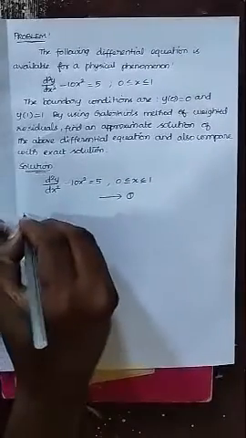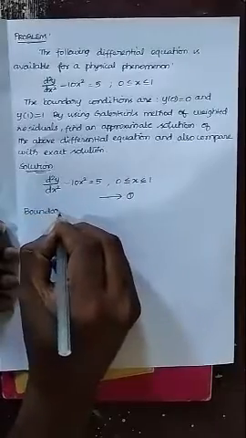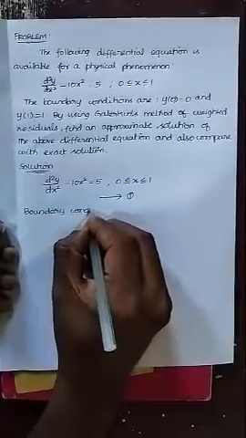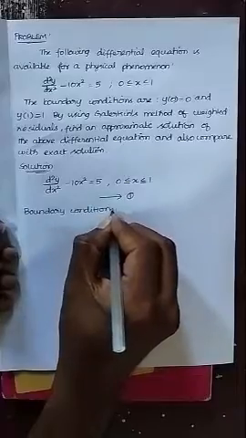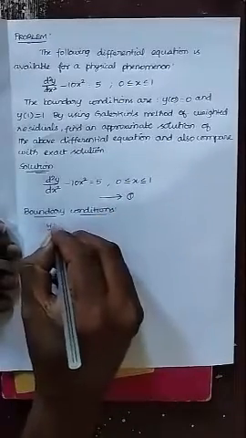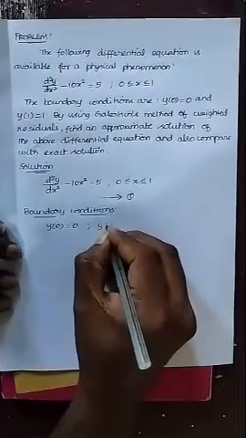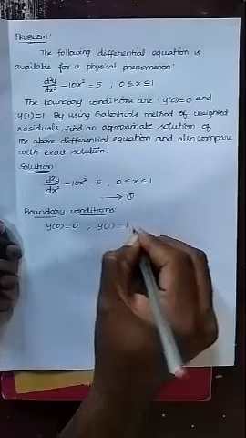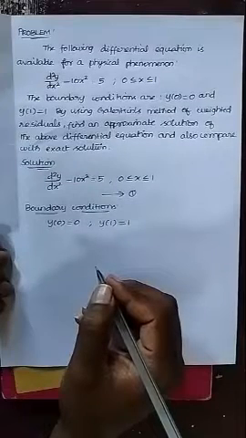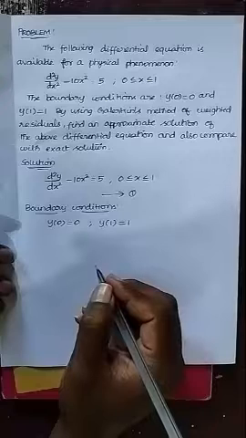The boundary conditions given in the problem are: the first condition is y of 0 is equal to 0 and the second condition is y of 1 is equal to 1.